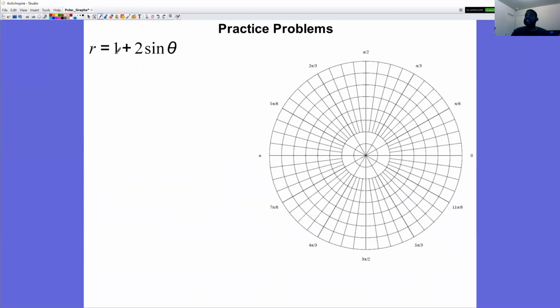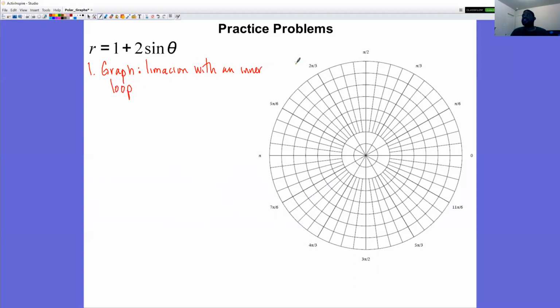I noticed that this takes the form a plus b sine theta, and I know a over b is 1/2, that's less than 1. So I know the graph is a limaçon with an inner loop.